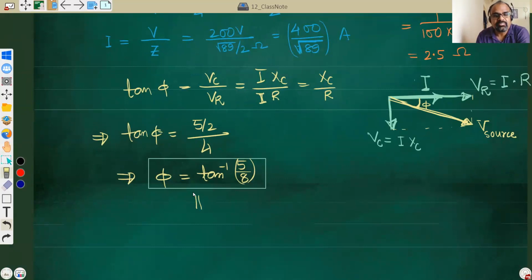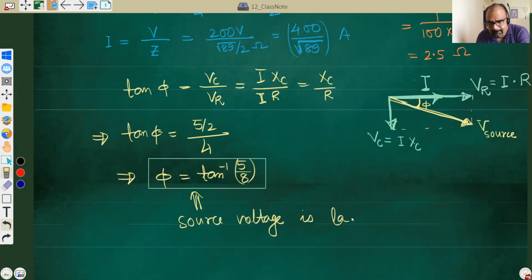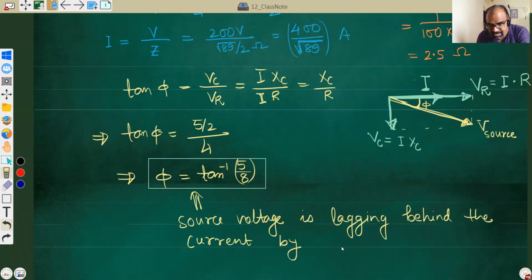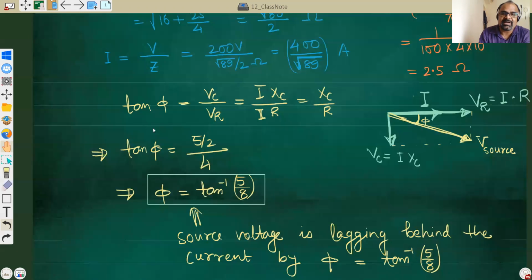So the source voltage is lagging behind the current by this much angle, tan inverse of 5/8. So this is the answer as far as the second part is concerned.